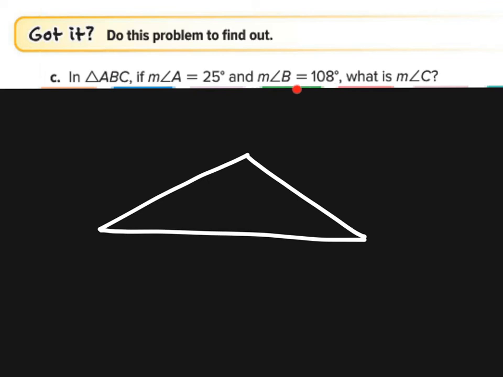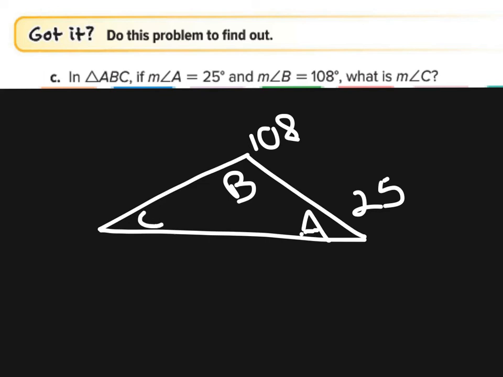So this will be an obtuse triangle, right? This will be my 108 right here on the top. And the other, this will be B. And my measure A, I can just make it this one. This one could be 25 degrees. So I'm looking for measure C right here.